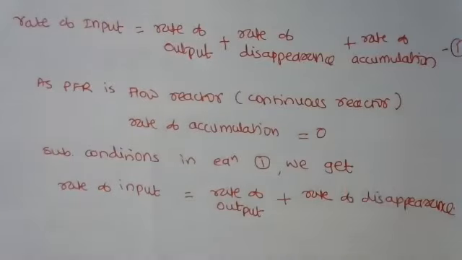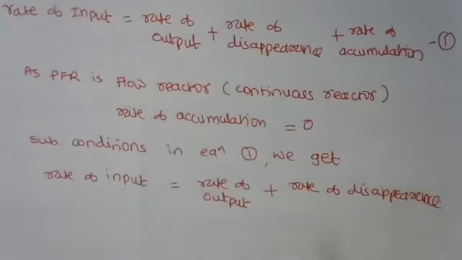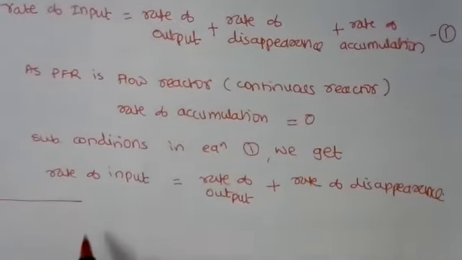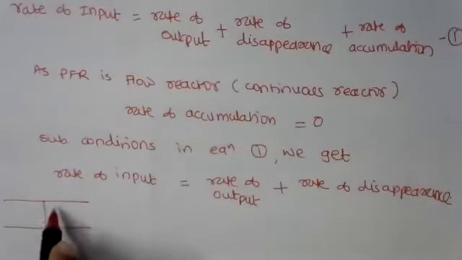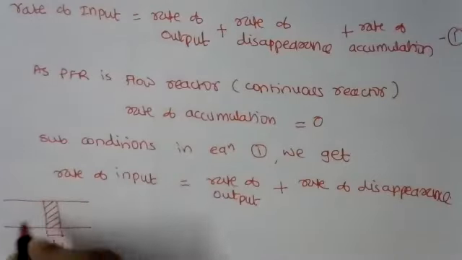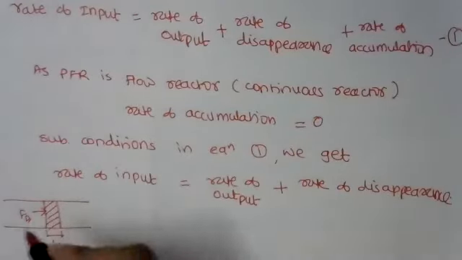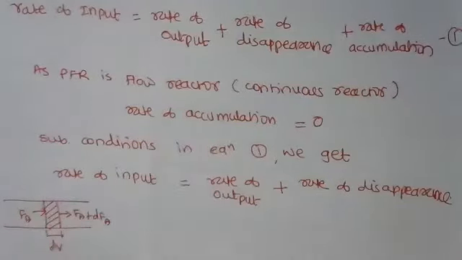Now, just for the sake of understanding, we'll redraw the figure. So we are considering the differential volume dV. The input to this volume is Fa and the exit from this is Fa plus dFA. Now your question might be, why are we considering the elemental volume?